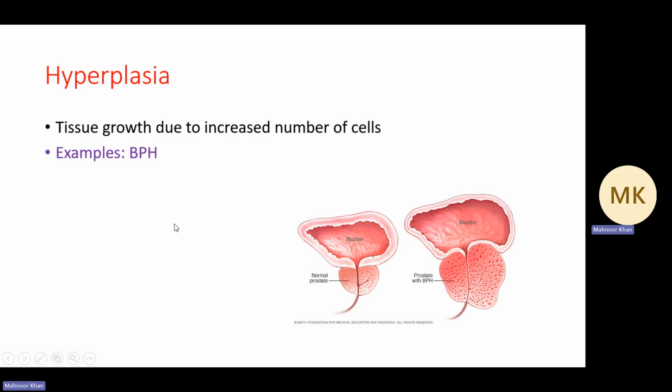Next is hyperplasia, tissue growth due to increased numbers of cells. The most common example is benign prostatic hyperplasia, as you can see here. This is a differential diagnosis with prostate carcinoma. Hence, this is a good example of pseudotumor as hyperplasia.